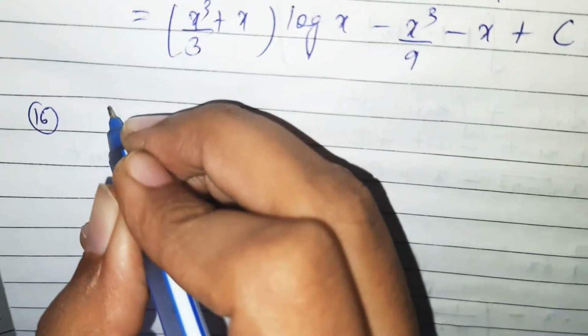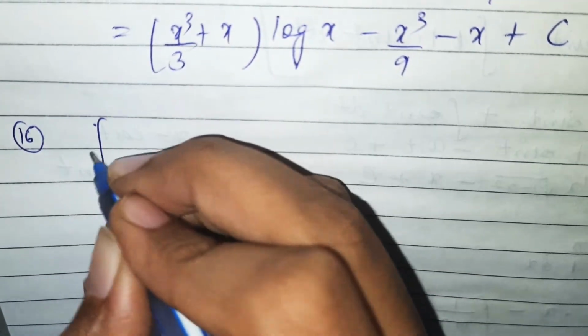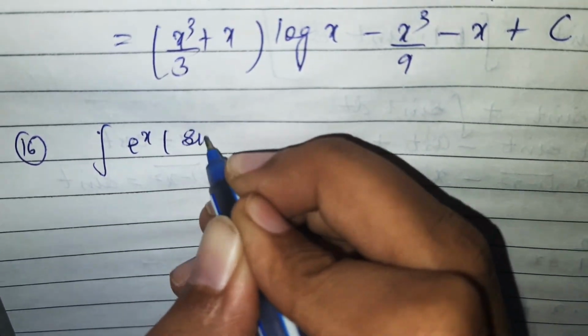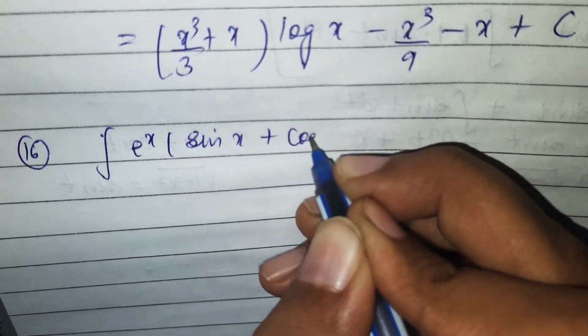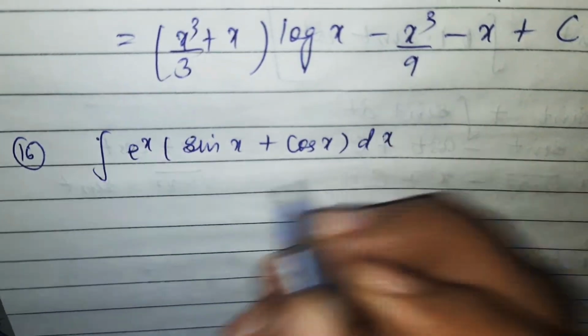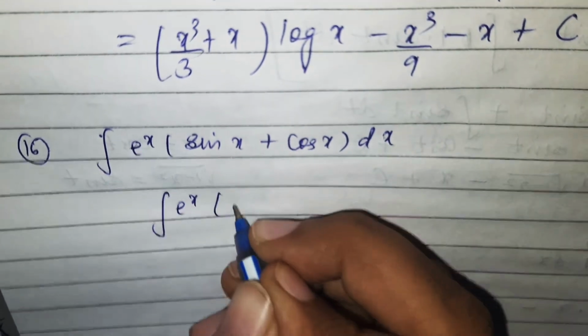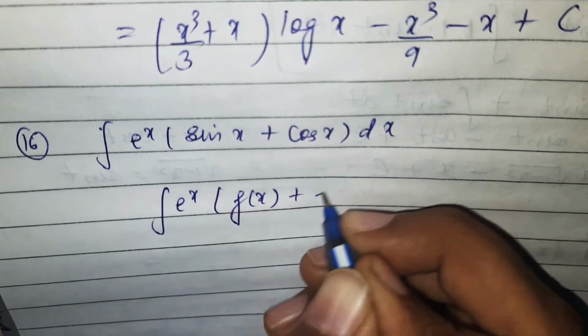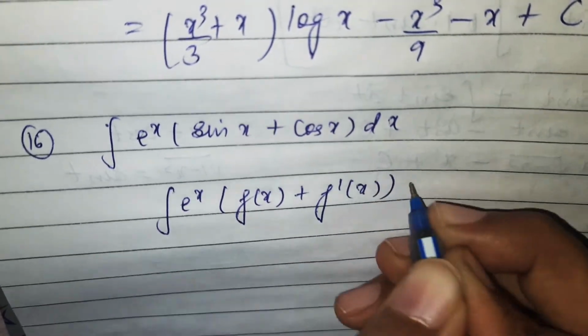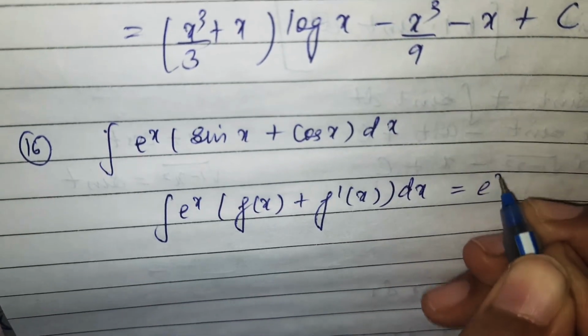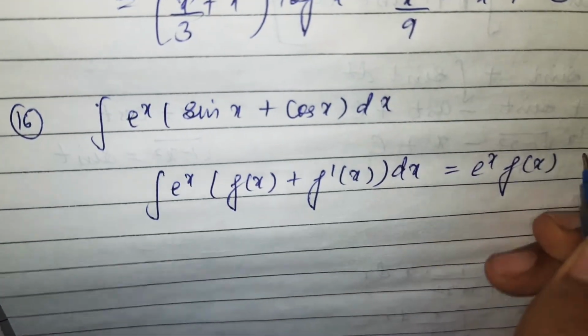Now we'll have that type, whatever I have written in the note. Integral of e^x into sin x plus cos x dx. I have already told you that if I am getting e^x times something like that, then the answer is e^x f(x) plus c.